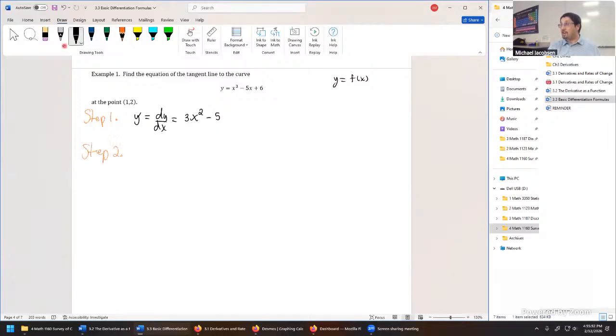Step 2, we go back to the topic we were just looking at. The derivative, no matter what you call it, a y prime, an f prime, or a dy dx, it's the slope to the tangent line of the original function at any point x. But we're most concerned about the point at 1. So we can write y prime at 1.